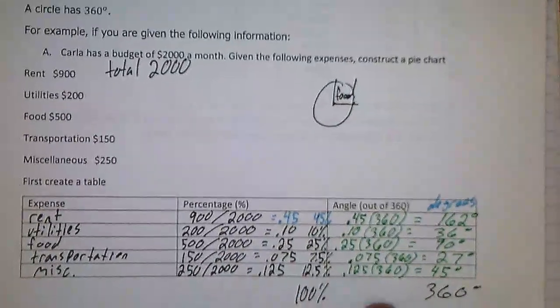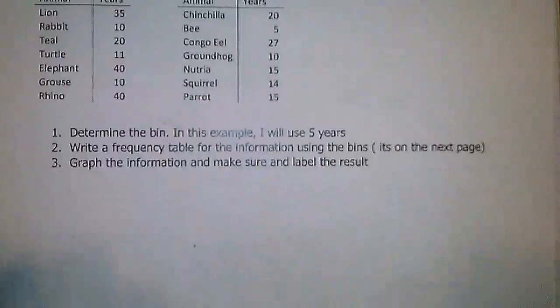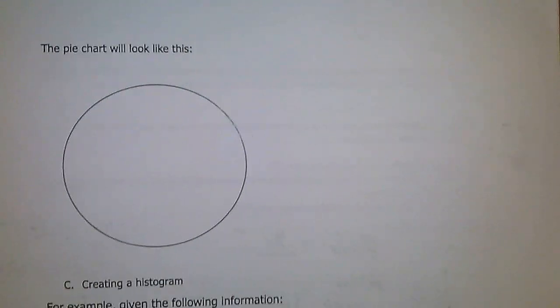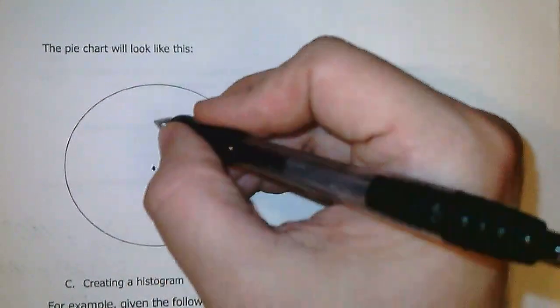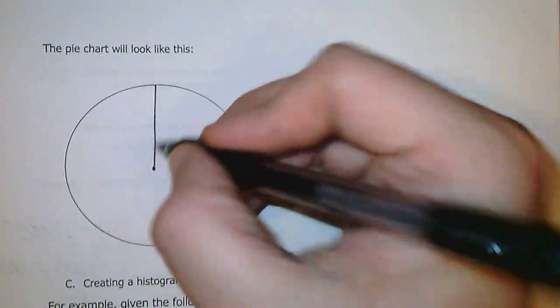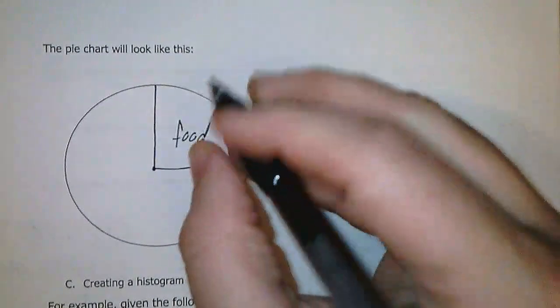So we're going to use this information on the next page as we construct a pie chart. So again, food is going to be an easy one, because that's exactly 25%.